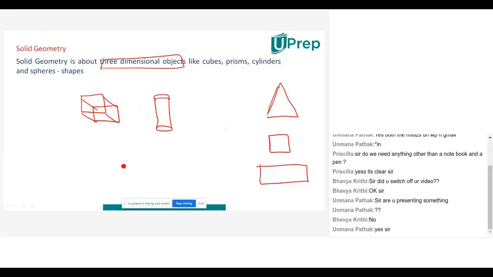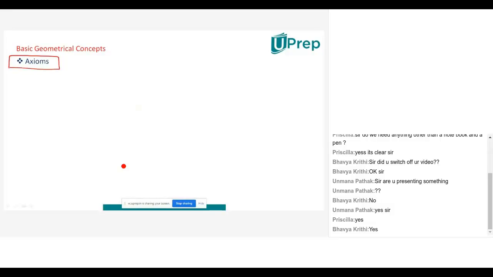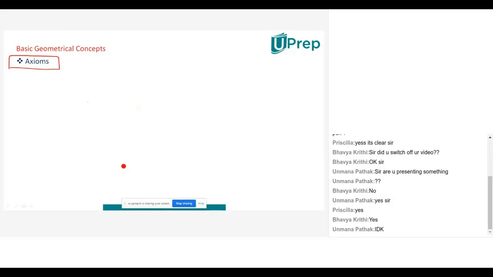Okay, cool. Now, look at this word. Don't worry, it says axioms, however you want to pronounce it. But what are axioms? Can you tell me what axioms are? What do you think axioms are? You might have studied it in biology, when you were studying a plant or something. Sir, what? Axioms.